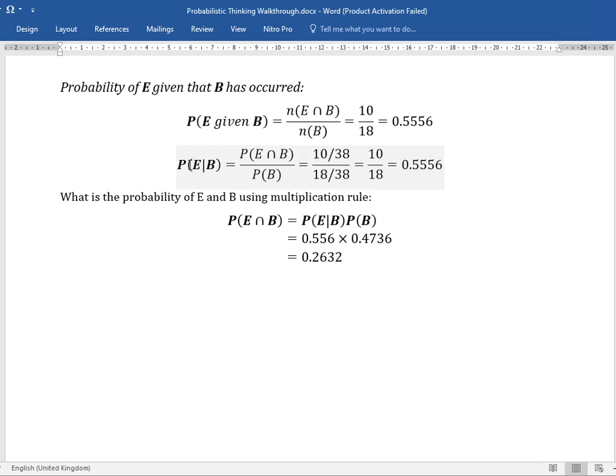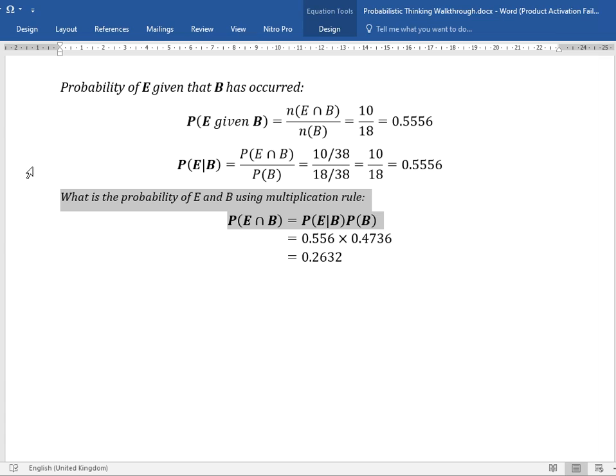We have done probability of R given B. What if these were mutually exclusive? Before I do any computation here, I want you to first think about it. We have two mutually exclusive events, R and B. So what is the probability of R given B?